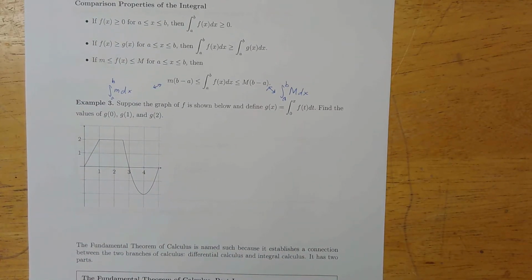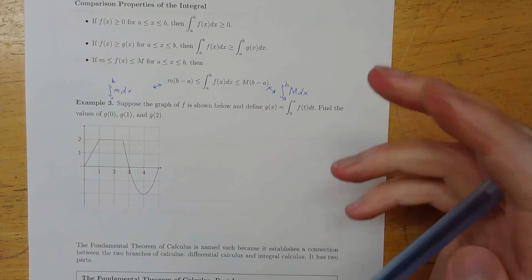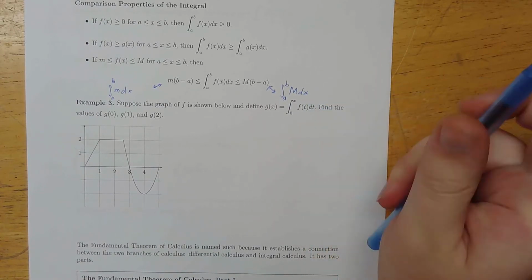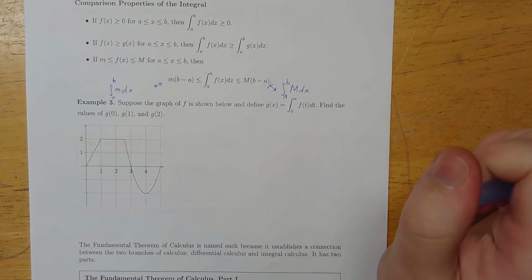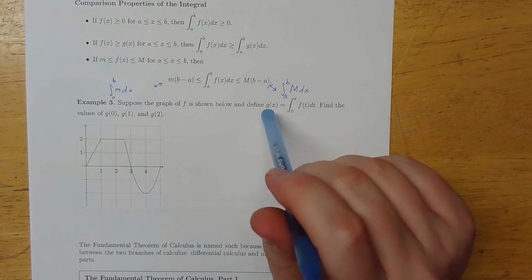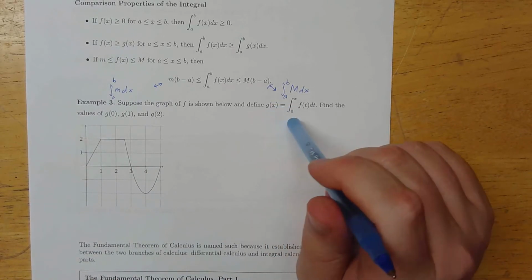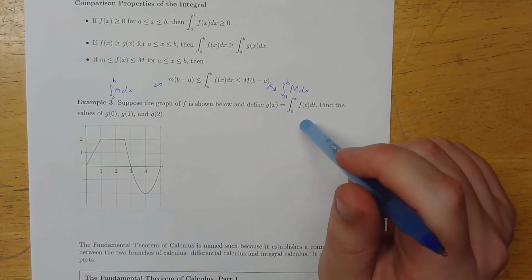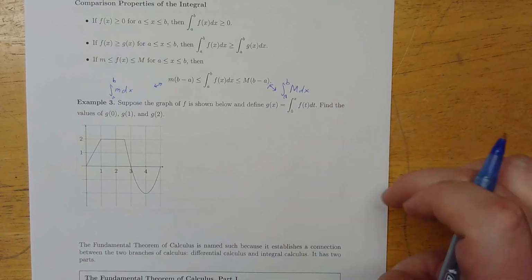Alright, so suppose we've got this function here, and we're looking at g of x being the integral from 0 to x of f of t dt. We want to find the values of g of 0, g of 1, and g of 2. So notice here, we're saying that we've got a function that is defined as being the integral of some other function over the interval.